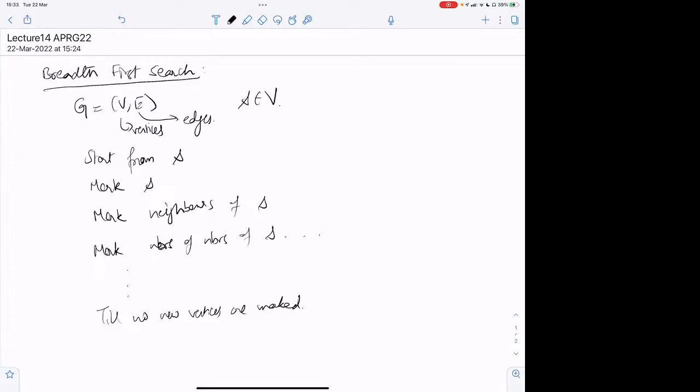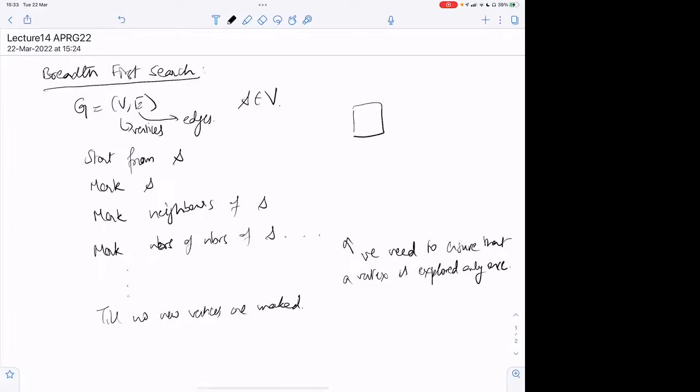So remember that we need to ensure that a vertex is explored only once. What do I mean by that? So suppose you have a small graph like 1, 2, 3, 4, 5, correct? And suppose your S is 1.